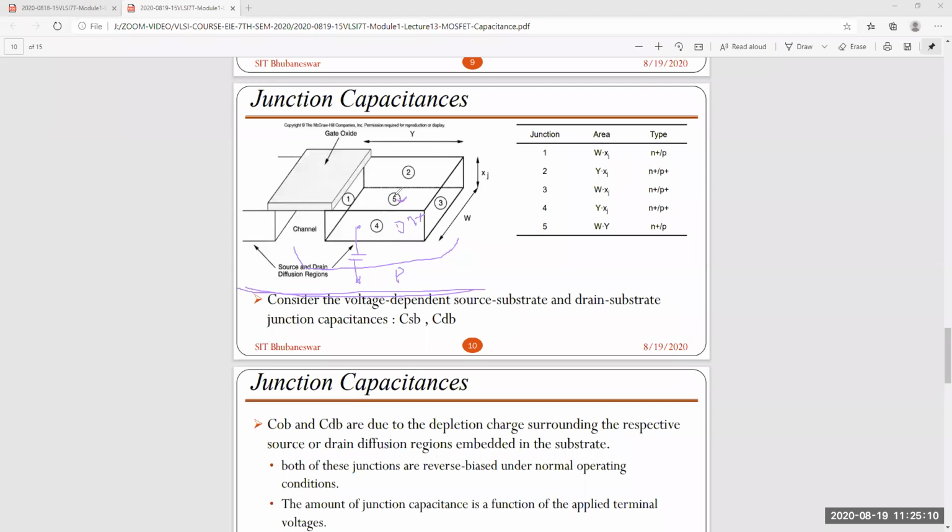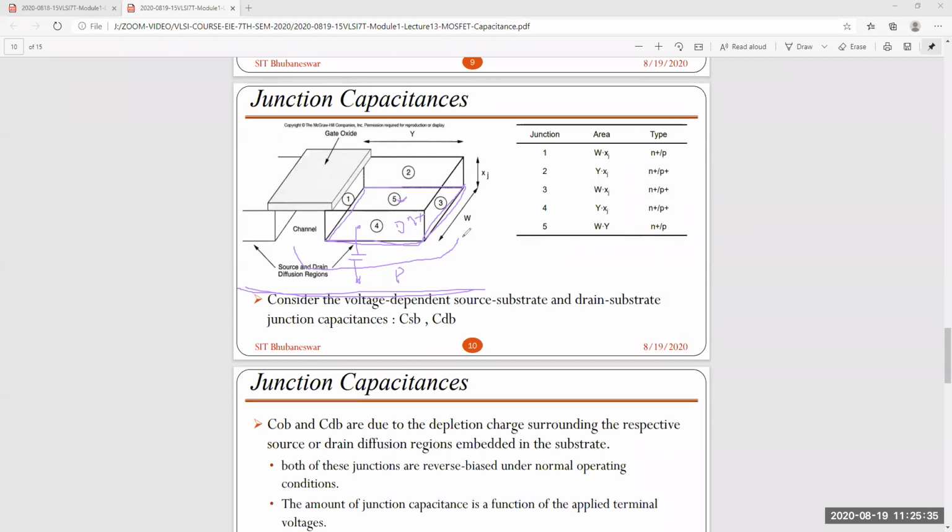Sorry, you can see this is the bottom wall. This is number 5. So this is one plate, this bottom wall, and here P, here N plus. So that bottom wall capacitance is nothing but that capacitance.